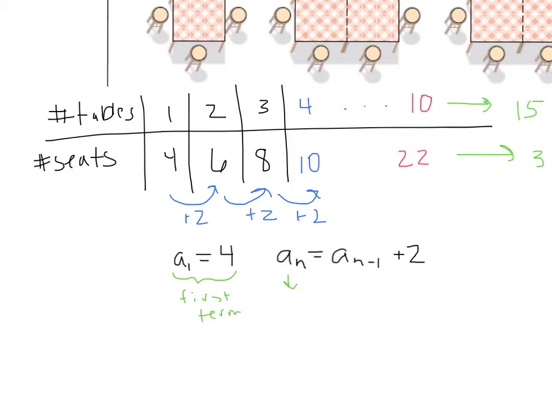This is any term. And this is the previous term. And then the plus 2 was that constant change that we found happening from each term to the next.